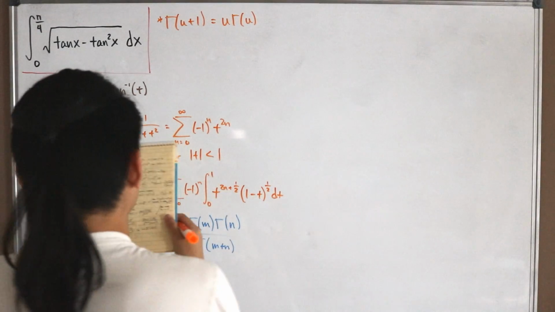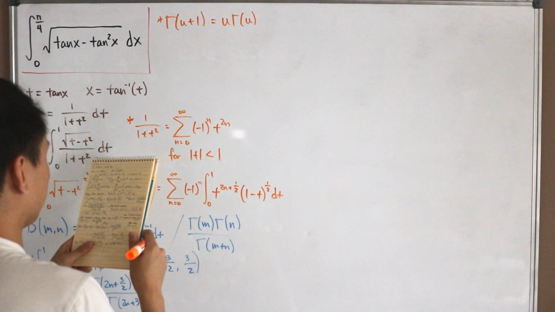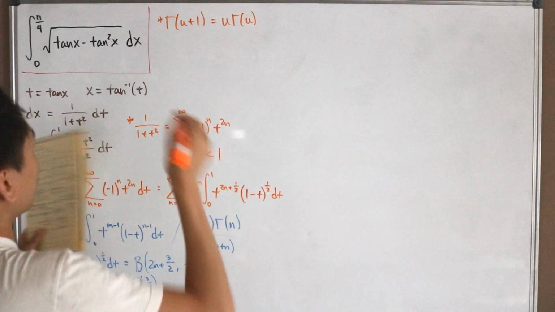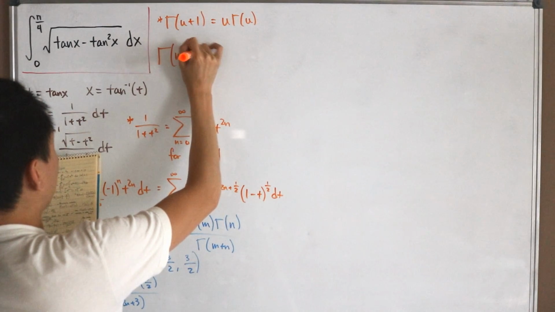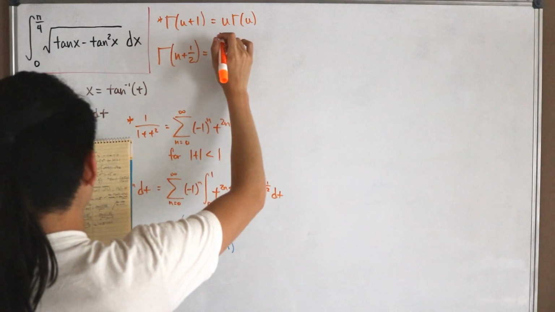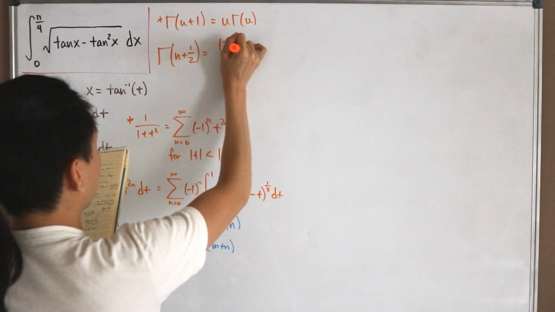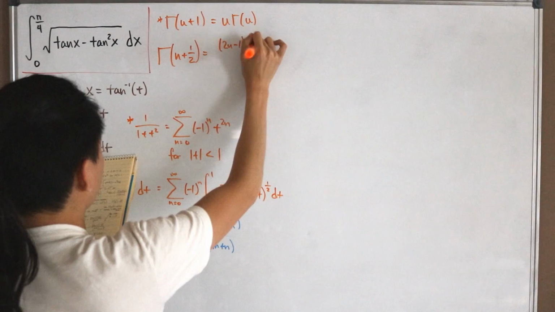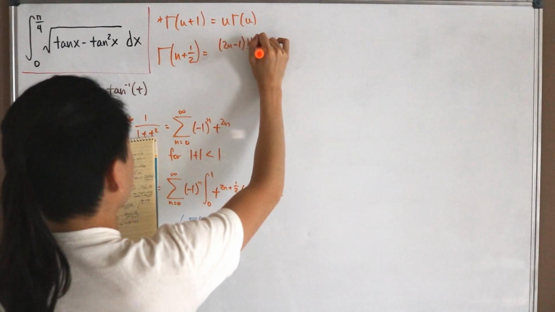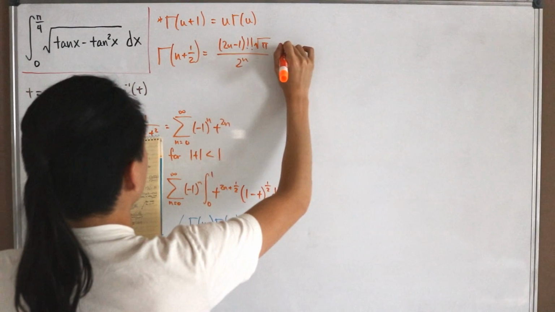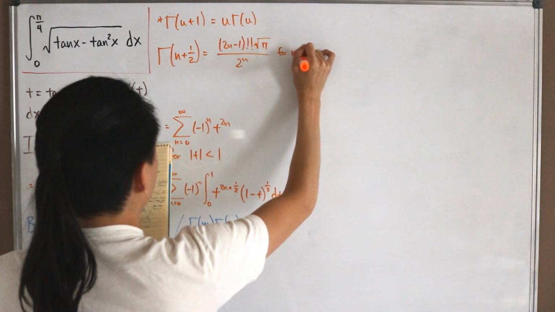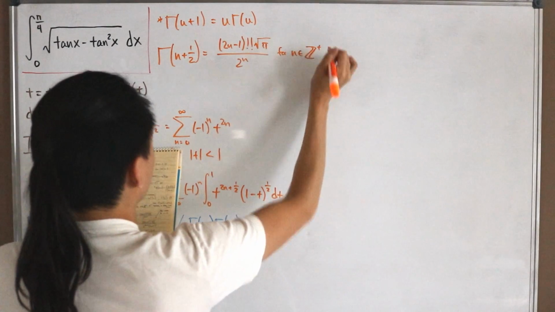Then the next recurrence relation we're going to use, which works for positive integers, says that gamma of n plus 1/2 is going to equal (2n minus 1) double factorial, multiplied by the square root of pi, and then divided by 2 to the power n. Here n is a positive integer.